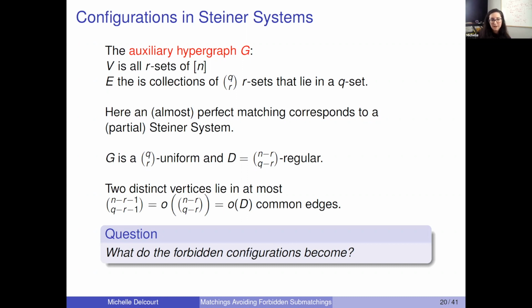So when their intersection is R minus 1, because then they'll jointly extend to the most possible additional things, but they still can't extend to too many in terms of the degree of the hypergraph. So here we have the conditions that we need in order to apply some sort of nibble type argument, but what do our forbidden configurations become in this context?